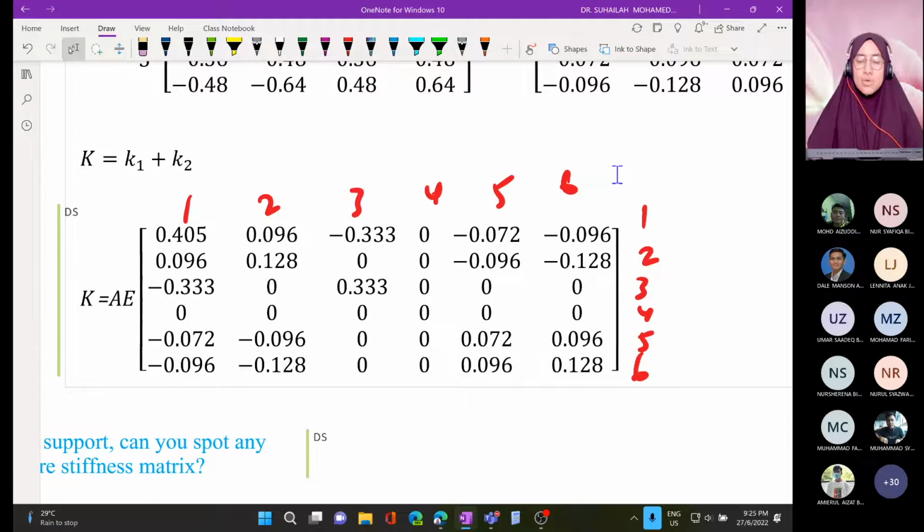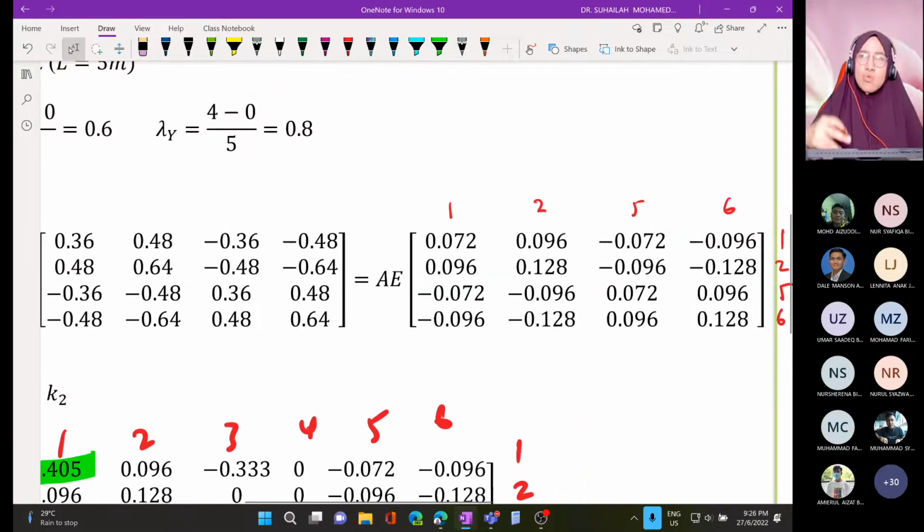So we have to find the value. For example, if we want to find the value for position 1 1 in the structure stiffness matrix, cari 1 1 dalam K1, K2, K3 and so on.